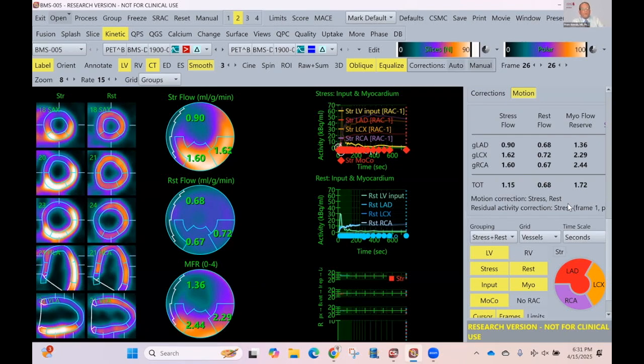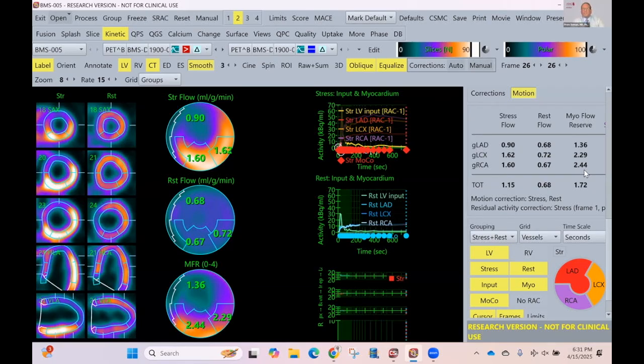Now, the advantage of flow, of course, is you can look at the other territories and see what's happening there. And here you look at the territories' myocardial flow reserve, both in the circumflex territory and the right coronary artery distribution, the flow reserves are normal, which means that it's very unlikely that there is obstructive disease there.